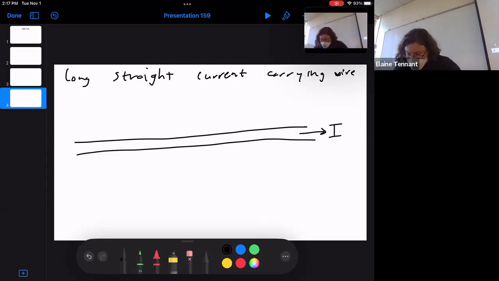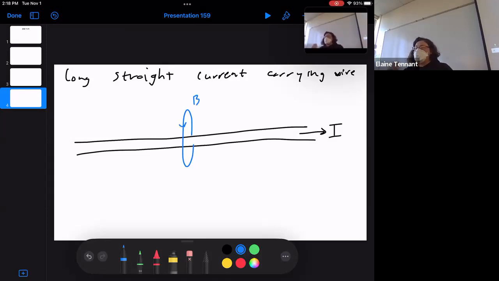So I have this wire, current's going that way. What sort of magnetic field would we expect to see? If my current's going this way, I expect a loop that follows the path that your right hand is tracing. So I expect to see a magnetic field that looks like that.